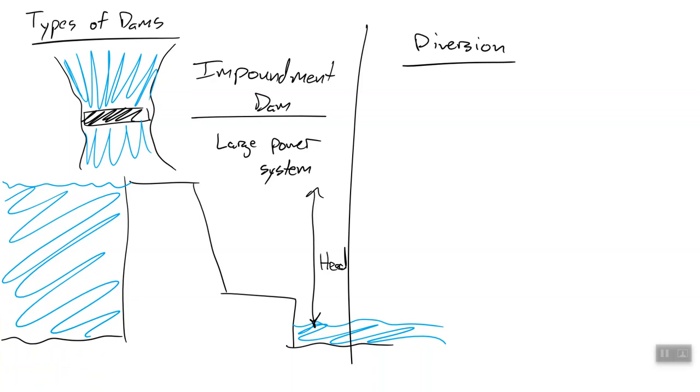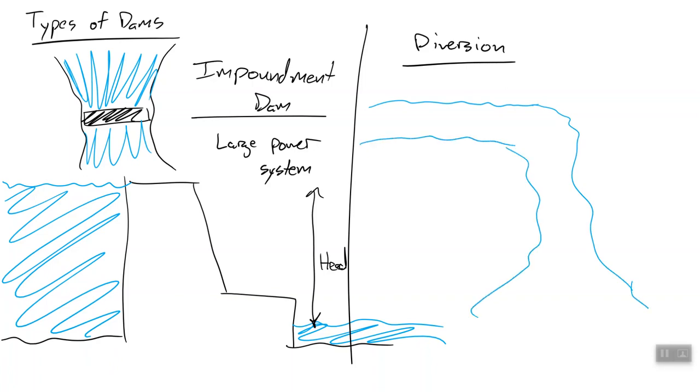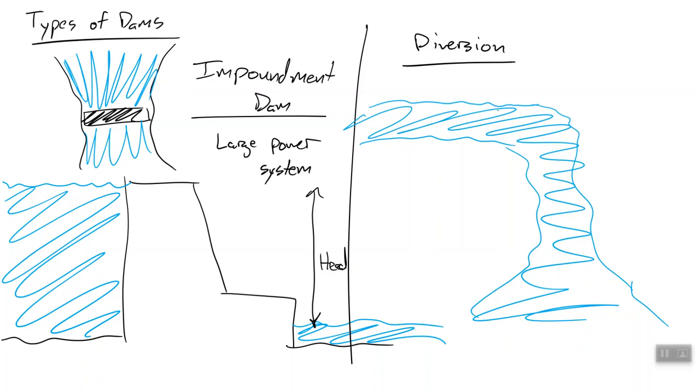So this is a diversion dam. Let's say we've got some river and it runs along, and then it loses some elevation. Either it drops really rapidly like in a waterfall, or it just has some rapids that go down. So here we've got a river that's kind of wrapping around some hill and losing elevation as it does it.